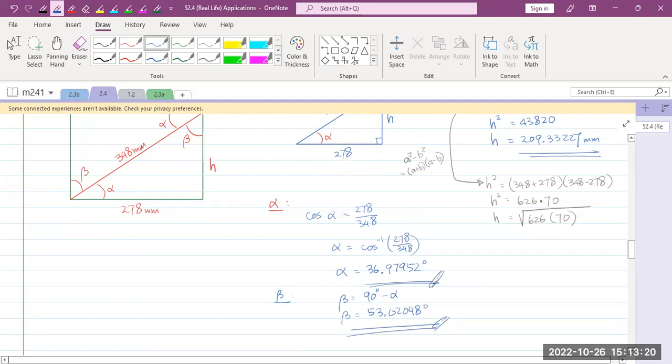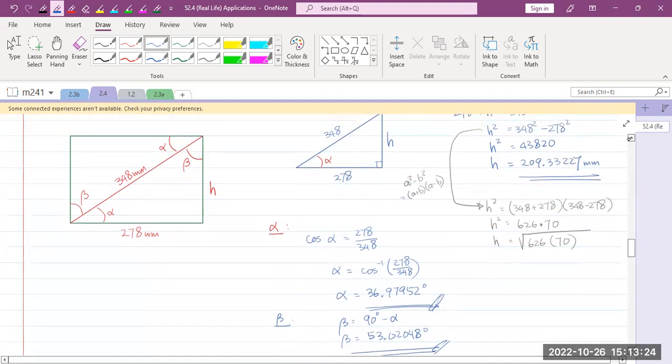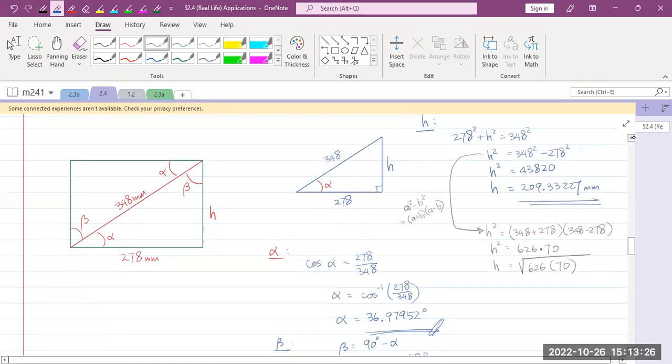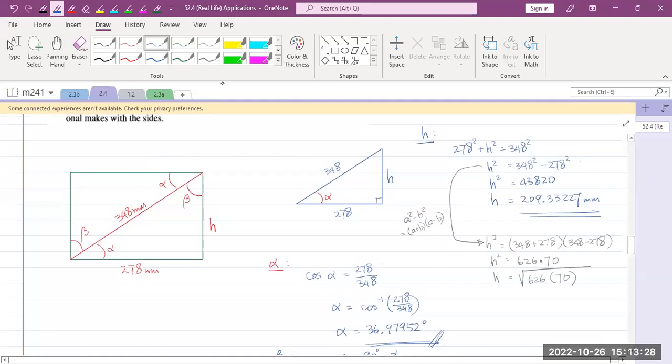Okay. And you can see that alpha and beta are complementary. This alpha and beta are complementary because if you see this beta here, the same as this beta, notice that these two angles, alpha and beta, form 90 degrees, right?